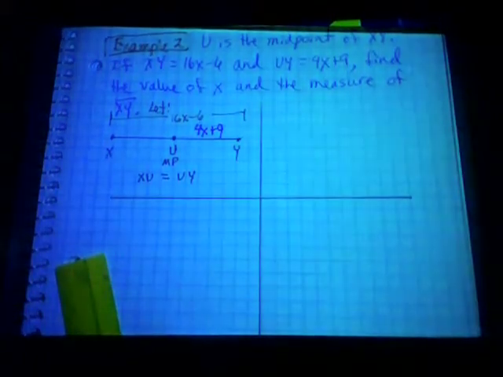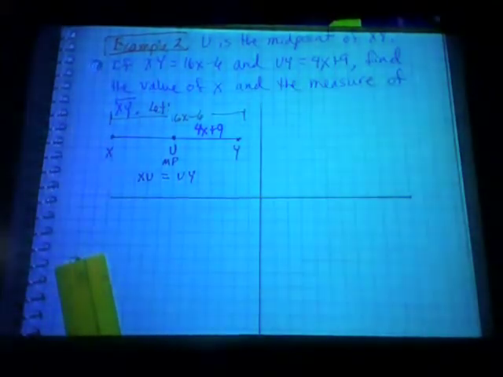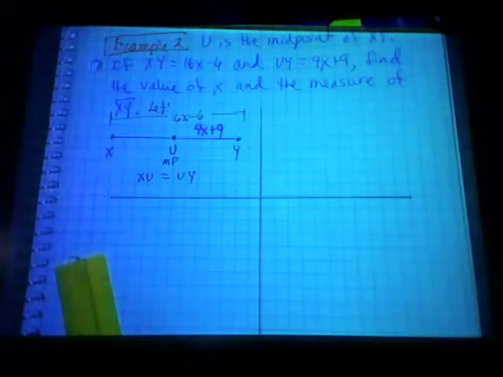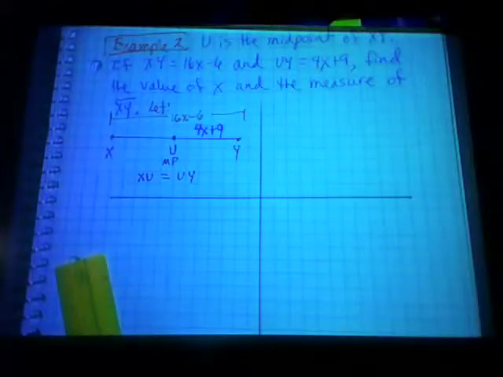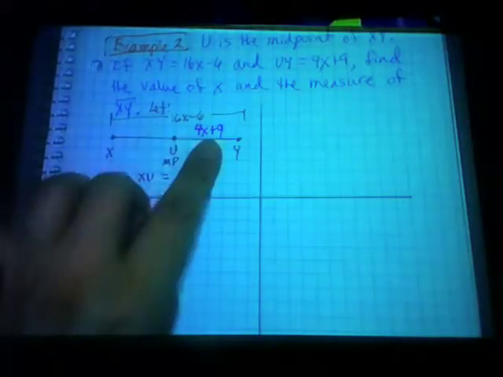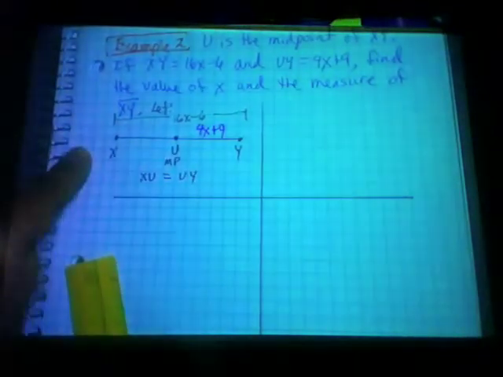Find the value of x. Now, one of our previous postulates is coming into play here. Which one would that be? I heard it. The segment. What? Nope, the segment what postulate? What postulate says that this plus this equals the whole thing?